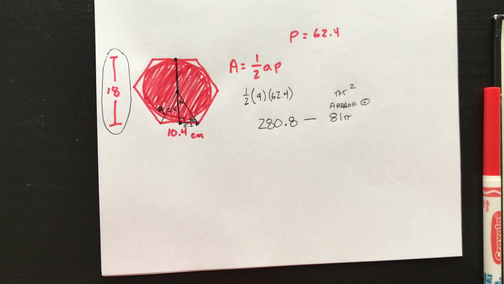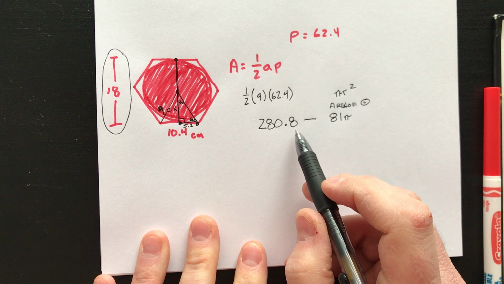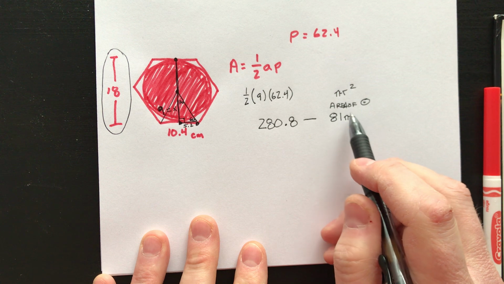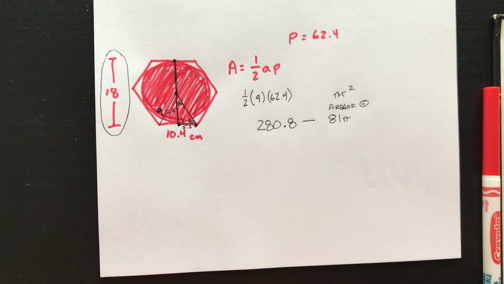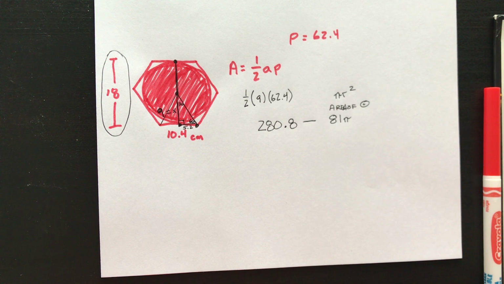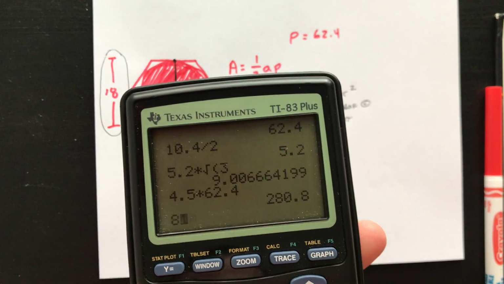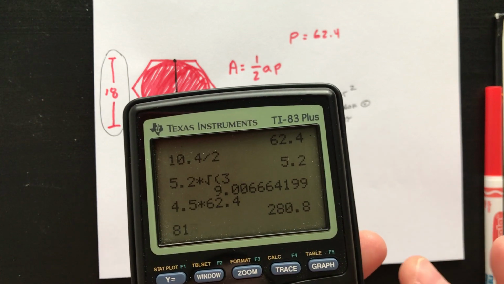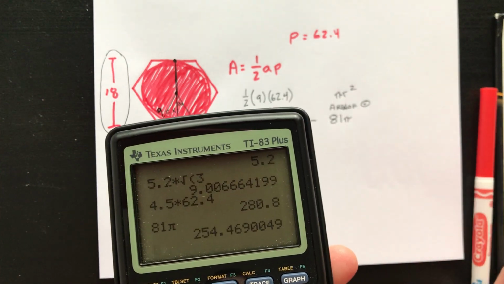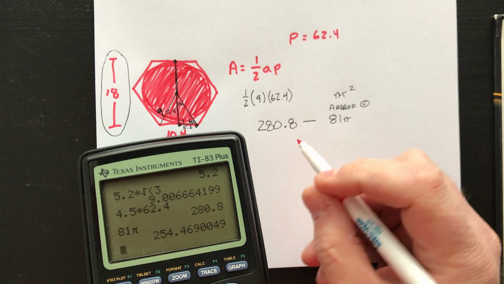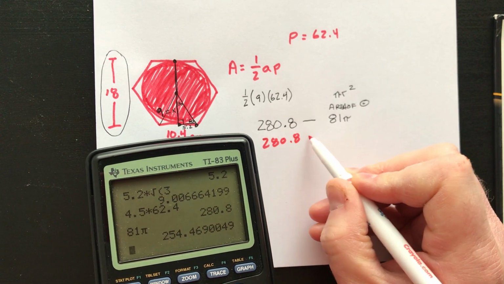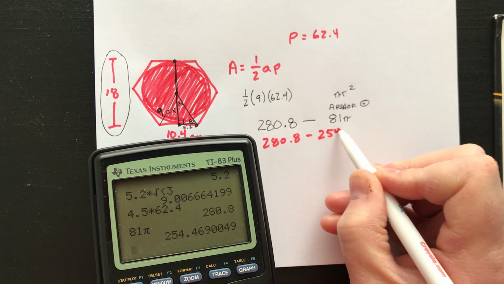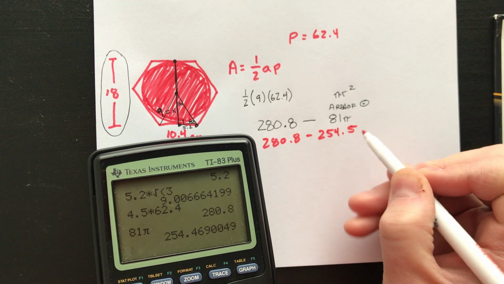So basically what we're doing here is we're taking 280.8, we're subtracting out the 81 pi. So we should probably calculate what 81 pi is. It's 254.46. So we have 280.8 minus 254. We'll just call it 5.